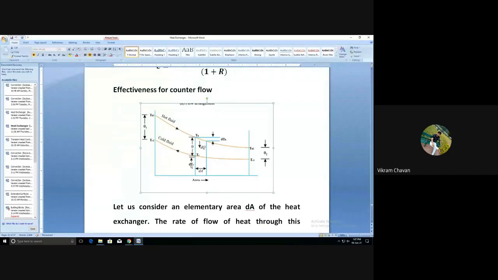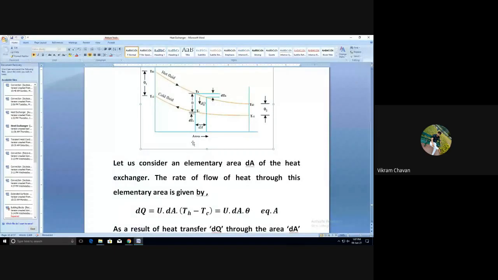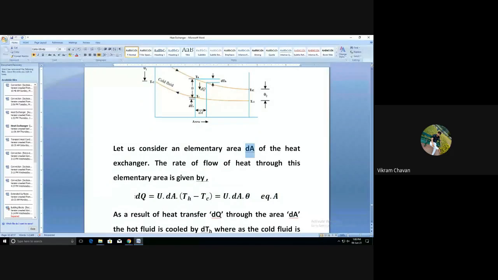In a similar fashion as in LMTD, we consider one elementary area dA, and the heat exchanged over this area will be dQ, which is equal to U multiplied by dA multiplied by (Th minus Tc), also written as U multiplied by dA multiplied by theta.